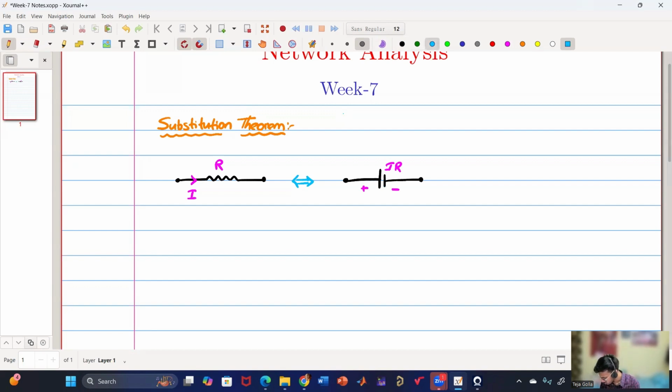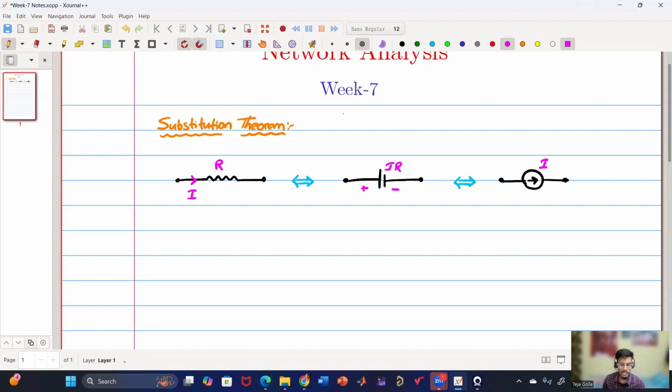Now this can also be represented by a current source, and the value of the current is I. The direction of the current should be the same as the original case.